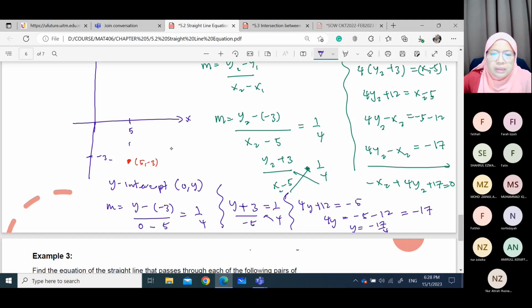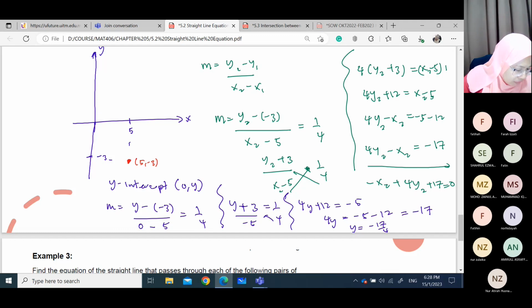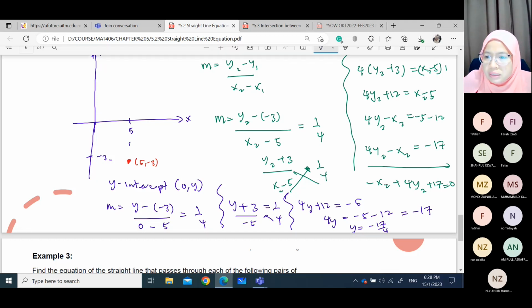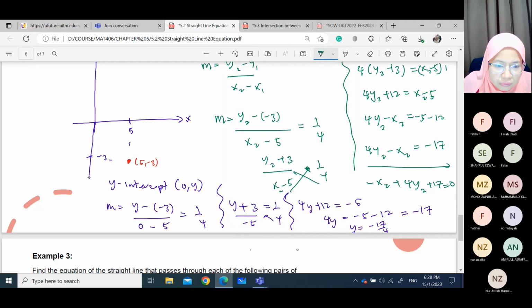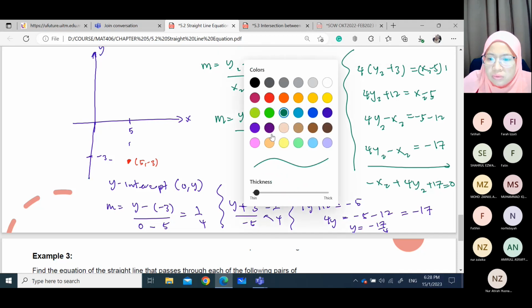So maknanya lagi satu point adalah pada paksi y, negative 17 over 4. 17 divided by 4, so negative 4 point something lah. So maknanya dia berada di sini. Point yang lagi satu. Tarik sikit ke bawah.